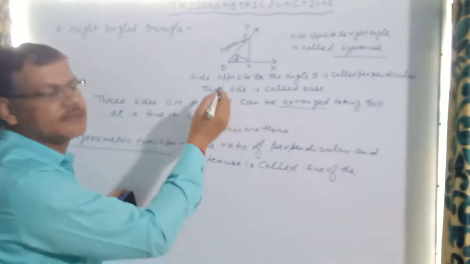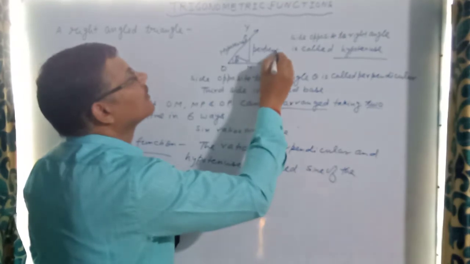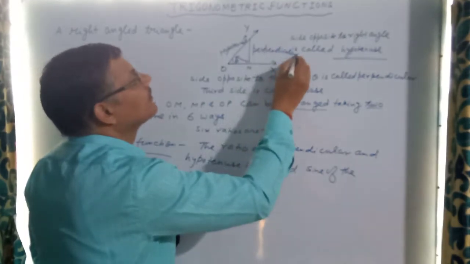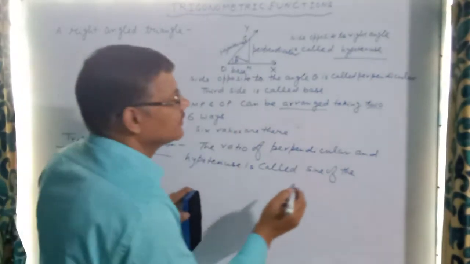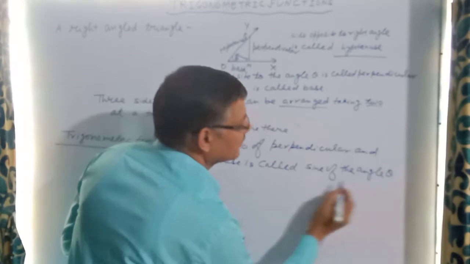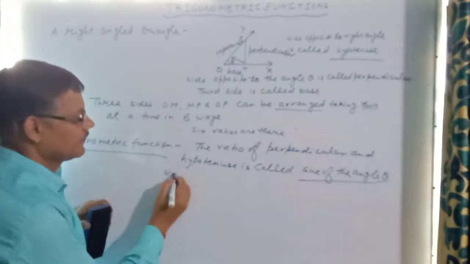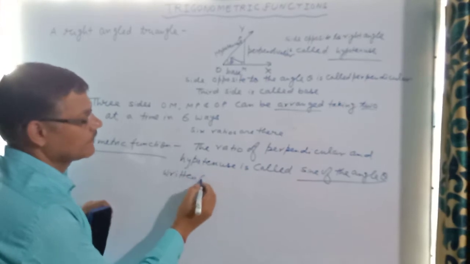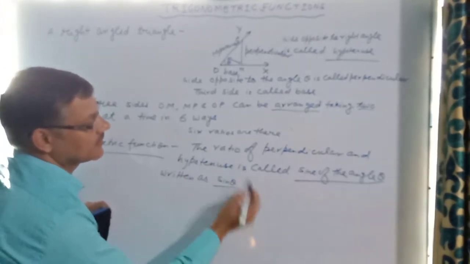In our case, here we have perpendicular and base. So sine of angle theta is written as sin theta.